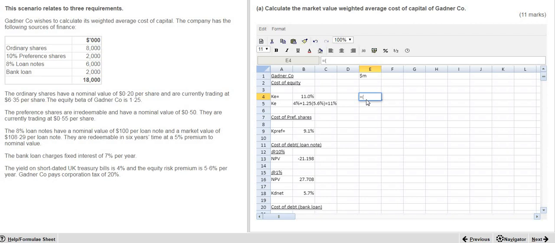Now I'm going to divide the book value, which is 8 million, divided by the nominal value of the share, which is 0.20, so that's 0.2. Now multiply by the value per share, trading at 6.35.